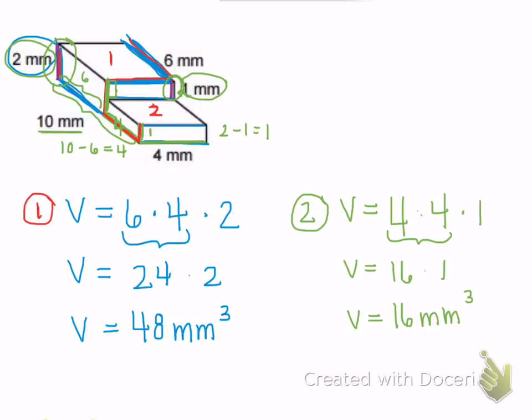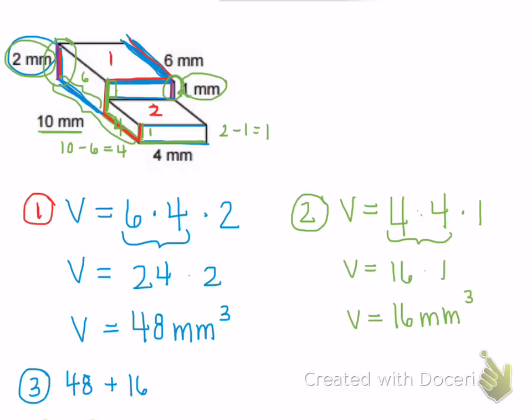The third thing we have to do now is find the total volume. Total volume is when you add 48 and 16 together to find the total volume of the shape. Take a second to find 48 plus 16 and put your answer in, and we will compare.